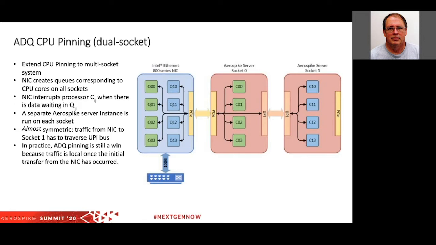So the traffic that is going to socket 1 from the card has to make an extra hop because in the NUMA architecture, each socket has its local memory, and it can access the memory on the other sockets, but it has to go over the UPI bus to do that. That's additional latency. So there is a little bit of asymmetry on the initial transfer.